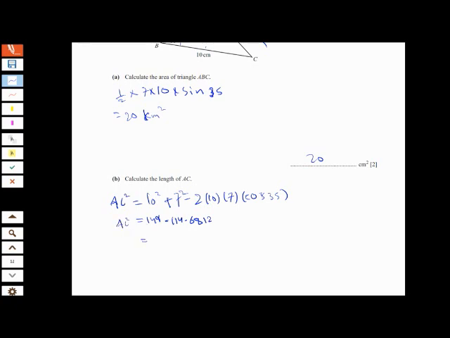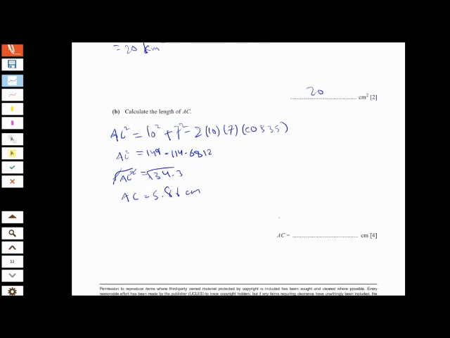This is AC squared, which is 34.3. Now let's get rid of the square, so square root both sides. You end up with AC equals the square root of 34.3, which is 5.86 centimeter. Now that's the length of the line AC.